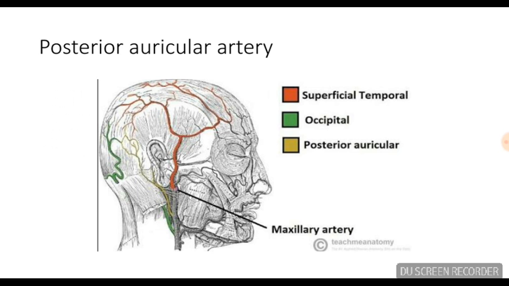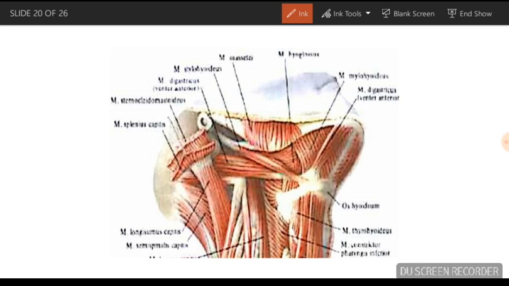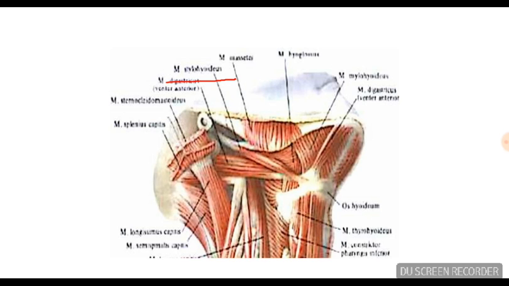And then passes on superficially through the mastoid process. You can see it here. That is the stylohyoideus muscle.